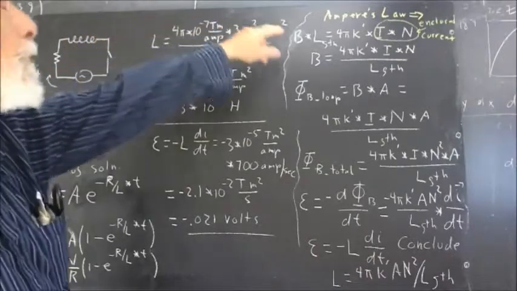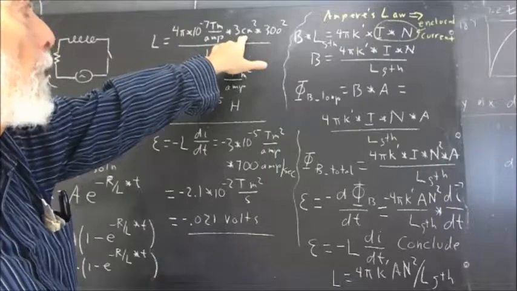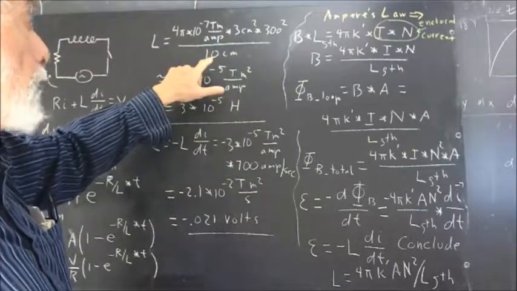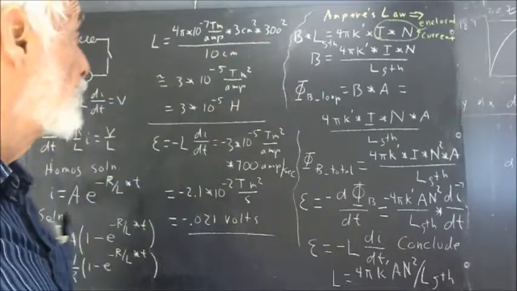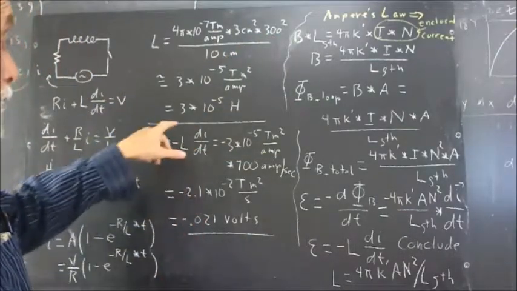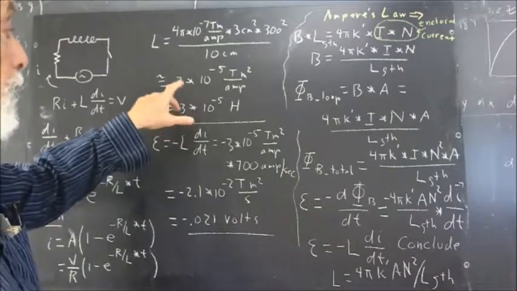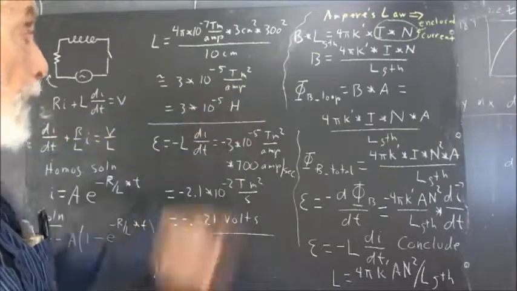Okay, so calculating the inductance of the coil, we plug in our 3 square centimeter cross-sectional area, our 10 centimeter length, and our 300 loops within the coil, and we do the arithmetic, and you can correct me if I'm wrong, but I believe we end up with 3 times 10 to the negative 5th Tesla meter squared per amp.